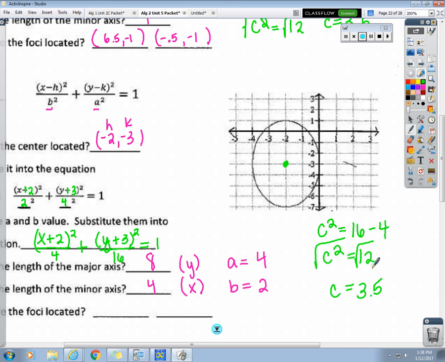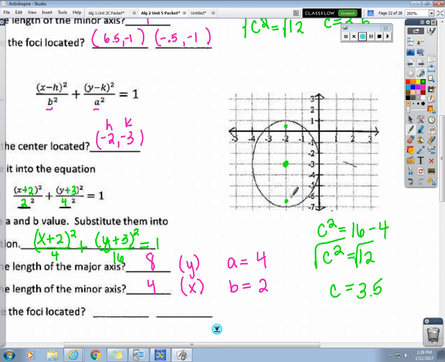But this time, remember, your foci always go on your major axis, so this time they have to go up and down away from the center. Okay, so watch. 1, 2, 3.5. So right there's the first one. And then the second one will be down 1, 2, 3.5.